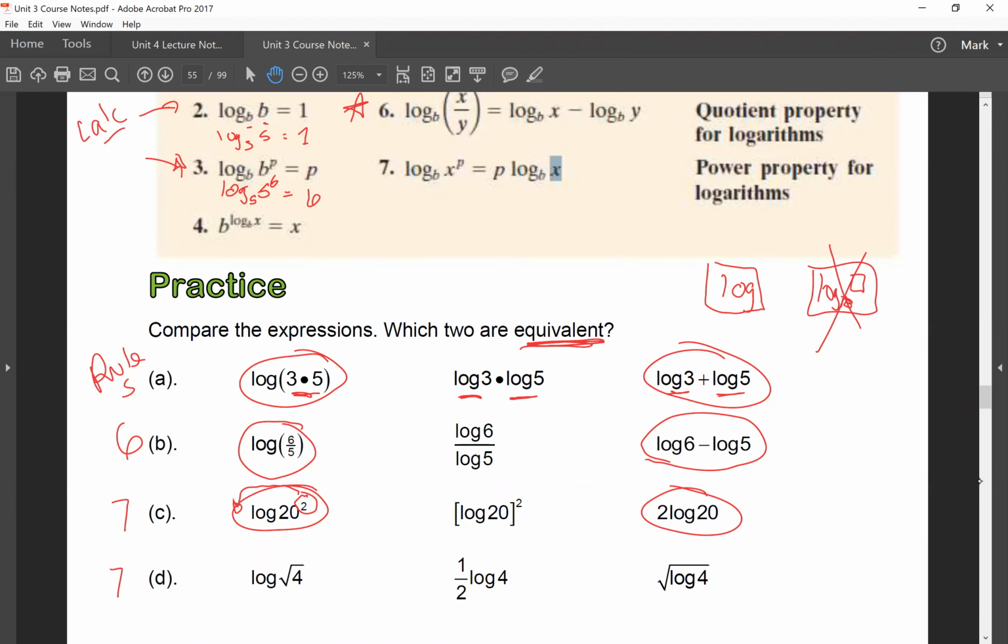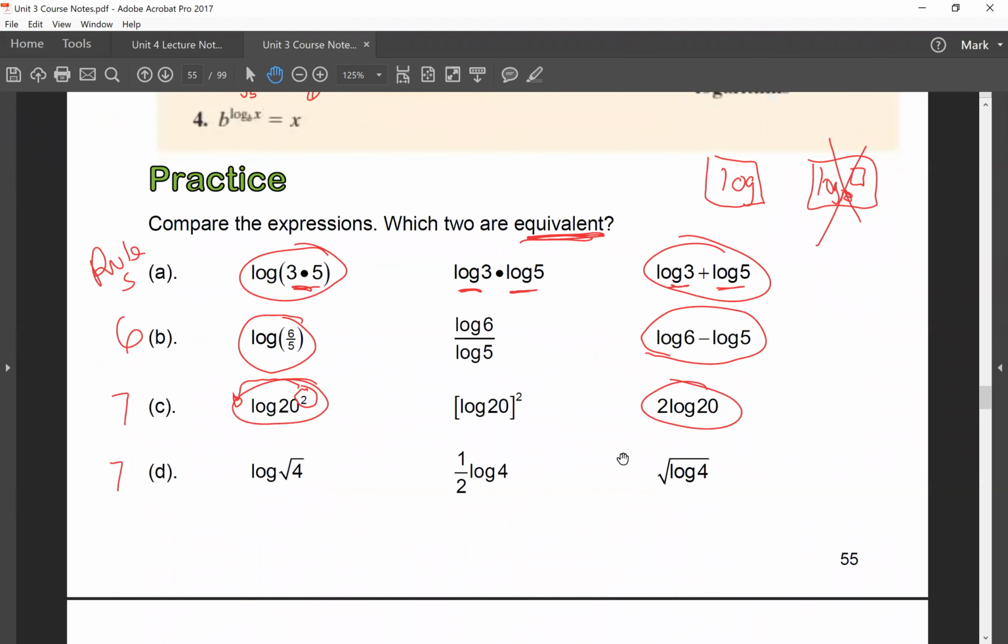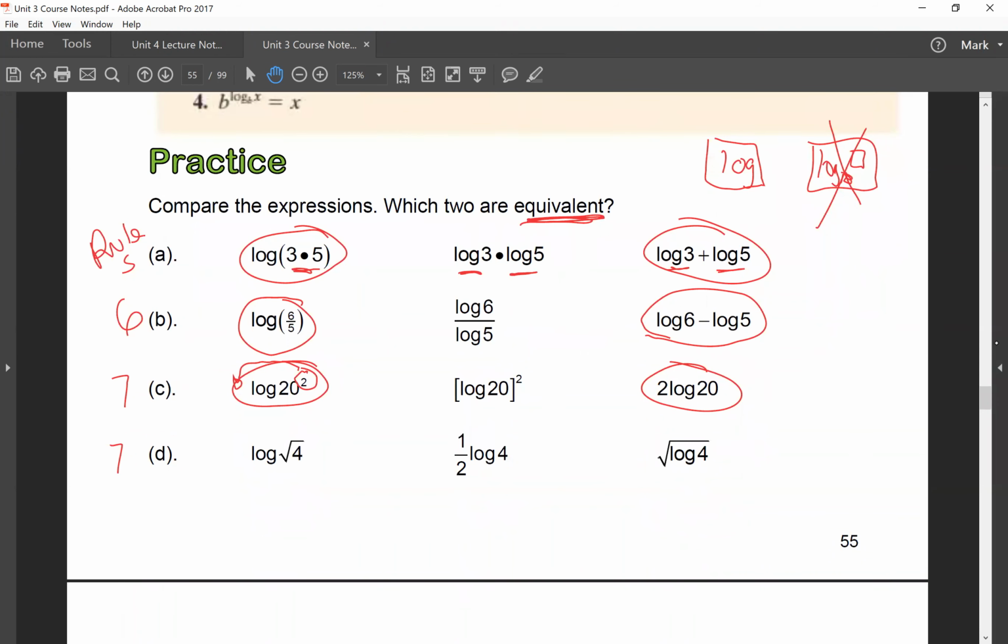Number D is also rule 7. There's just a little bit of work we need to do here. Log root 4 is the same thing as 4 to the 1/2. Okay, and this one's fine. And this one is the same as bracket log 4 all to the 1/2.